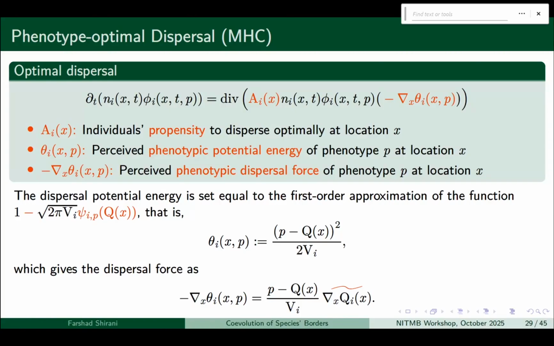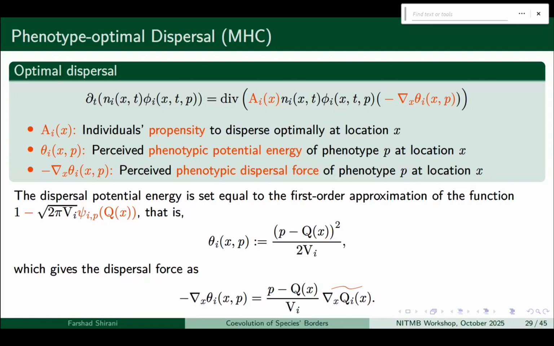Then we just need to define a good potential energy. And I define that potential energy to be just like P minus Q, where Q is the optimum trait value, over 2V, which is the niche breadth. That potential energy gives us a measure of how poorly this individual, this phenotype P, is performing where the optimum is Q. It definitely depends on the niche breadth of that individual, but it is independent of selection.